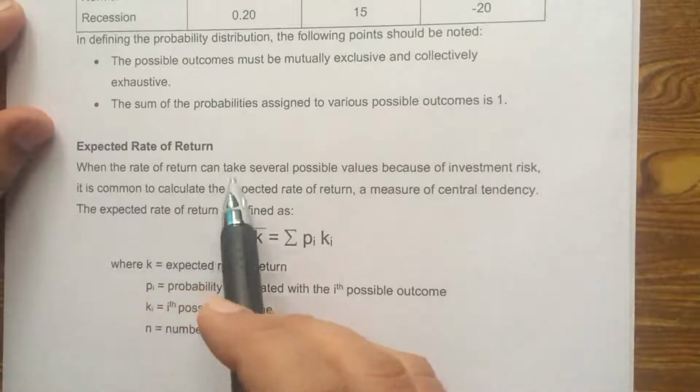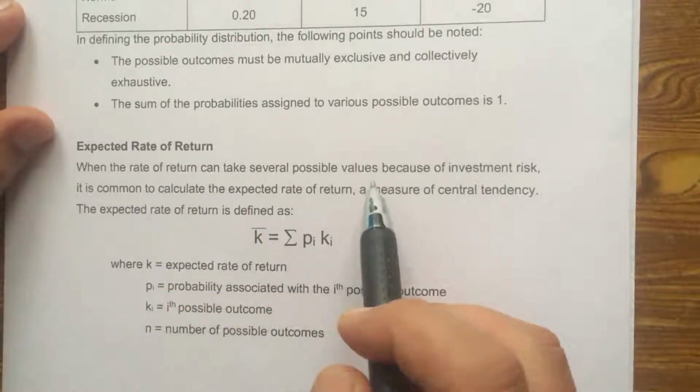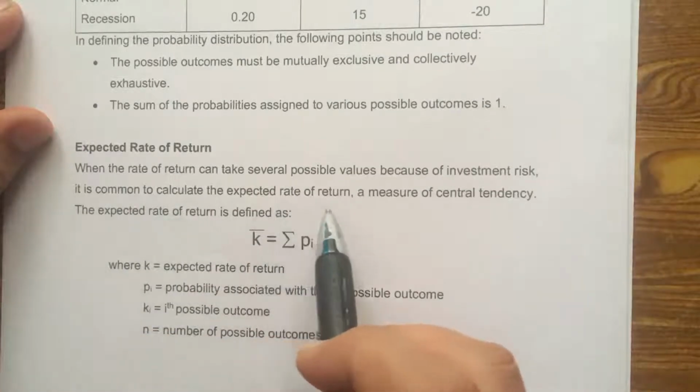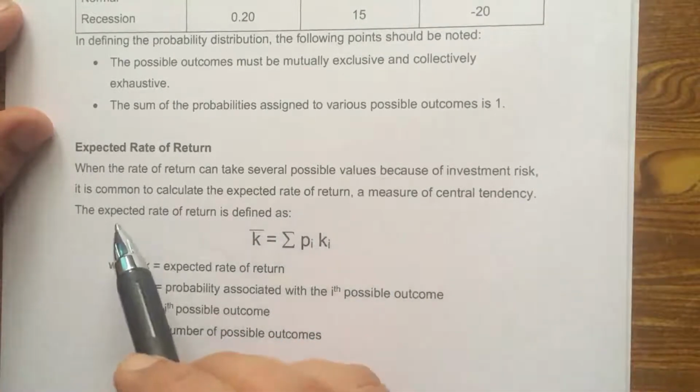Now, when the rate of return can take several possible values because of investment risk, it is common to calculate the expected rate of return, a measure of central tendency.